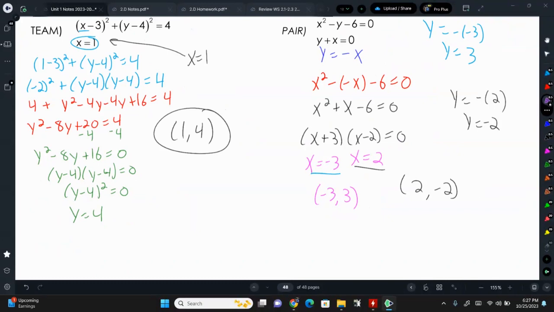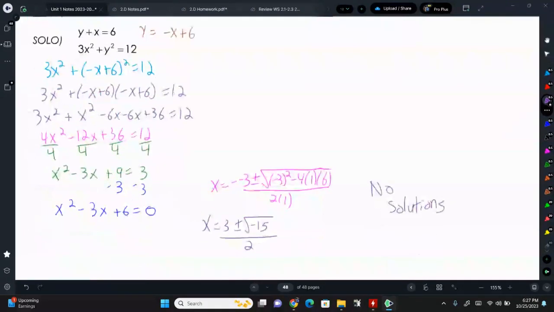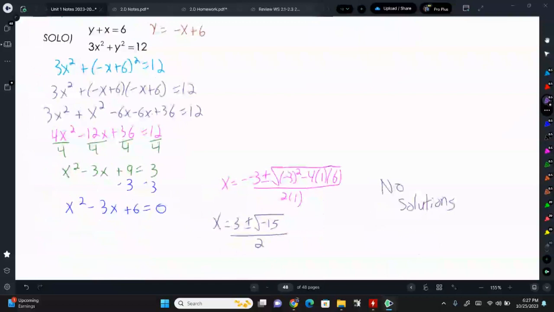And then once you substitute those each in for your function, you would get one solution as negative 3 comma 3, and then the other one 2 comma negative 2. The last one, once you did all of this work and you said, okay, you can't factor it, you tried the quadratic formula, and you get a discriminant of negative 15, which meant there's no solution. So pause and check your work on that one.